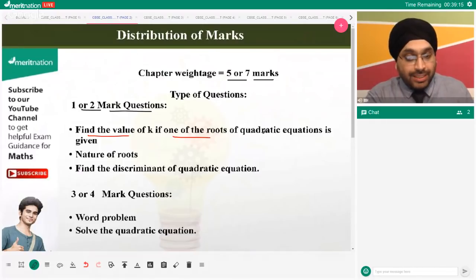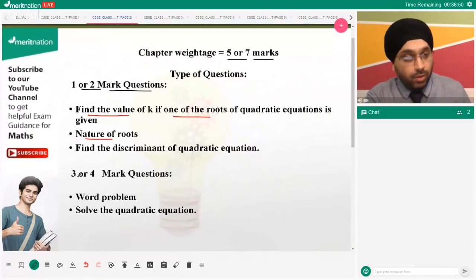Then a question may come on the nature of roots. Let's say we need to find whether the quadratic equation has real roots, equal roots, or no real roots. Then the question can come on the discriminant of the quadratic equation. We need to find the discriminant. I hope you are well aware of the meaning of the discriminant of a quadratic equation.